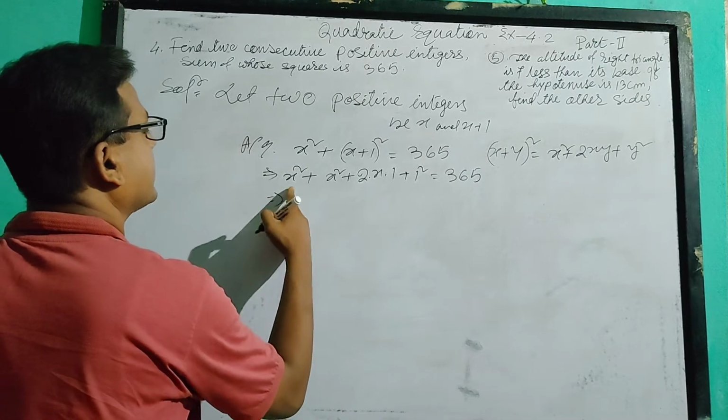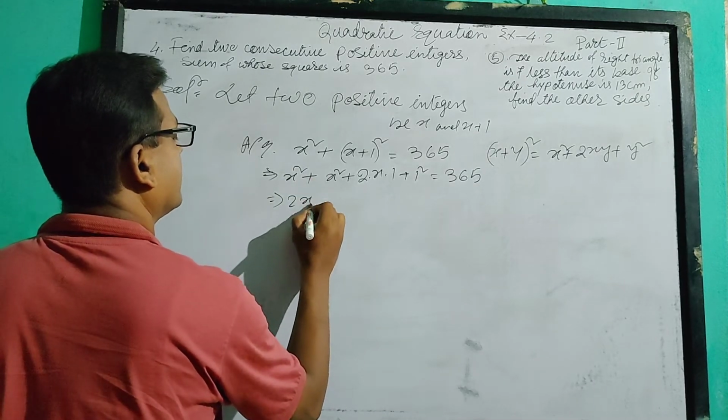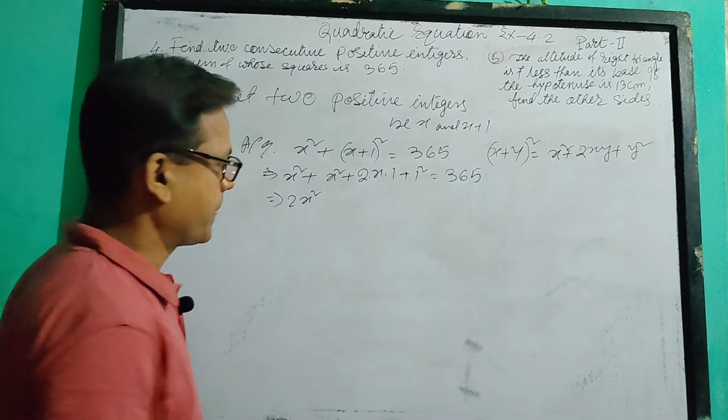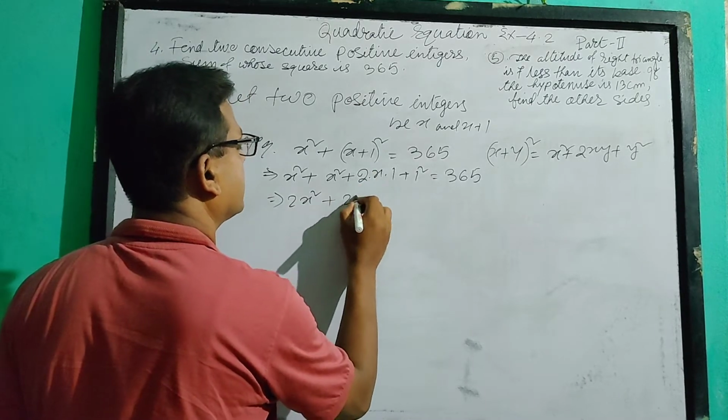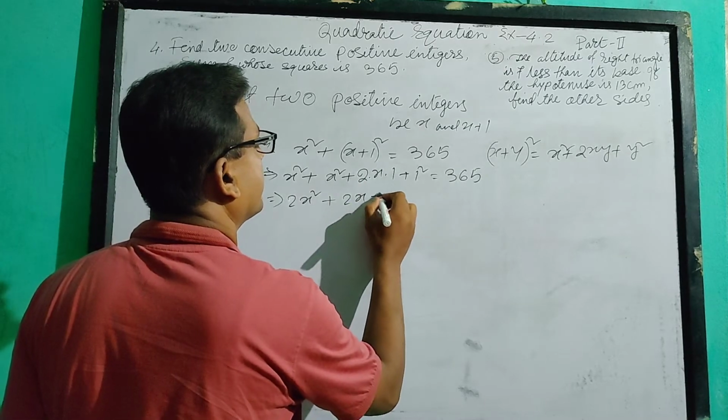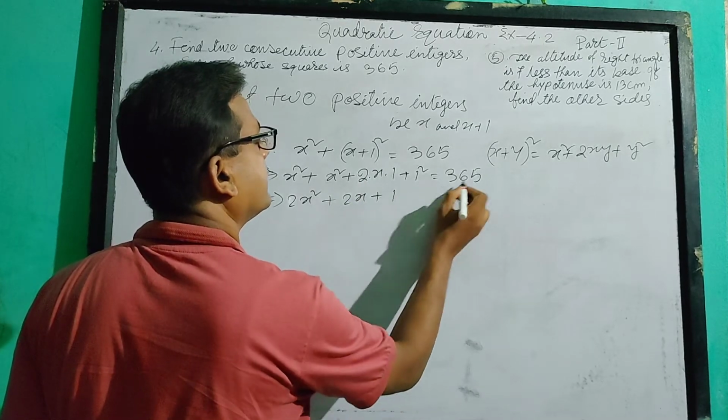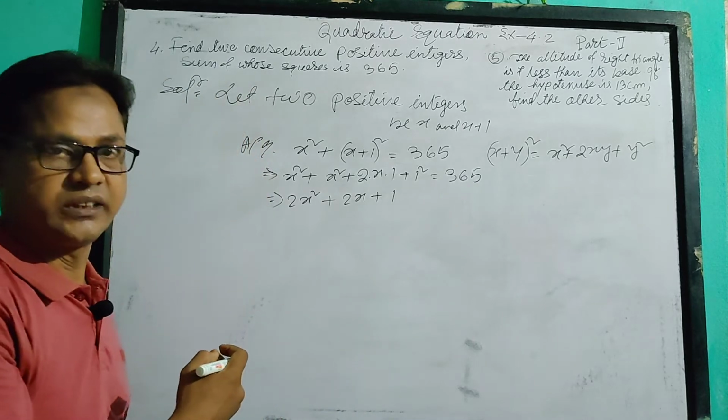Now x square and x square, twice x square. Twice x into 1 is 2x, plus 1 square means 1. This is transposing.